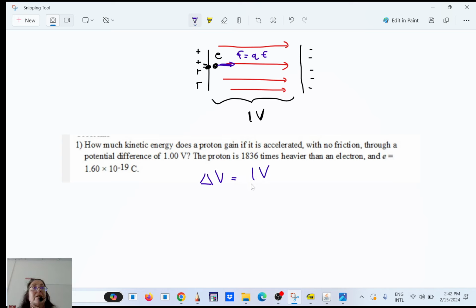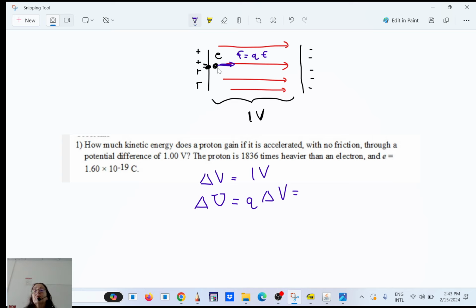Okay, so the potential is 1 volt. So 1 joule per coulomb. So what's going to be the potential energy? So the potential energy is Q delta V, right? Because this is for 1 coulomb. So you have that much charge multiplied by the voltage.